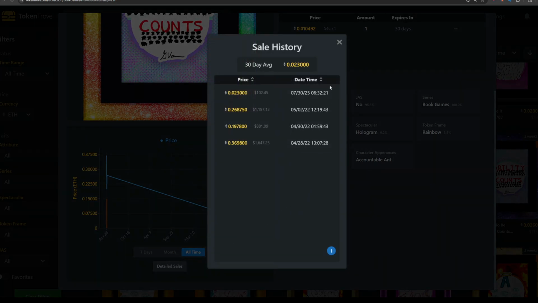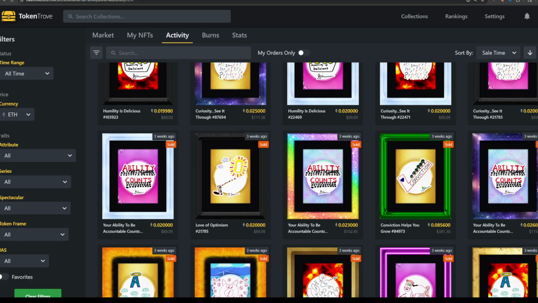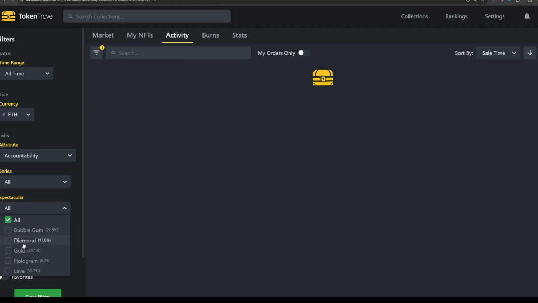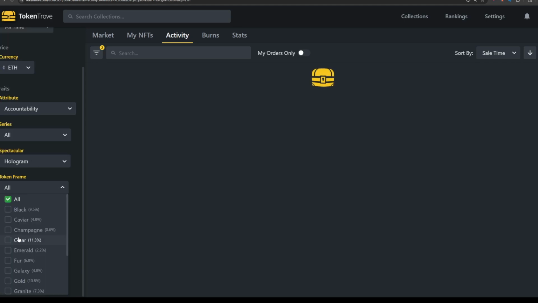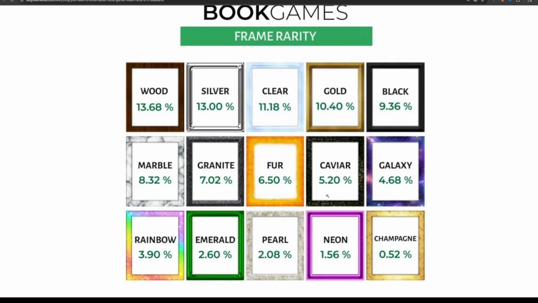Oh, wow. Let's take a look. Accountability, hollow, Rainbow. Remember, when it comes to token frames, I think in EPN, Galaxy, and then everything else. Okay, EPN: Emerald, Pearl, Neon, and then Galaxy, and then everything else.